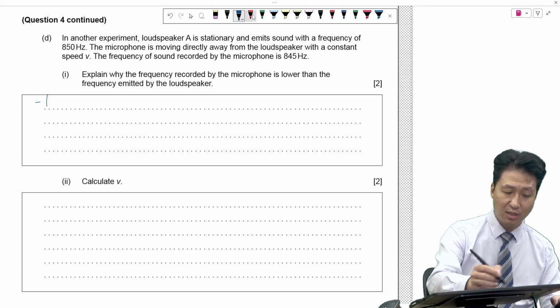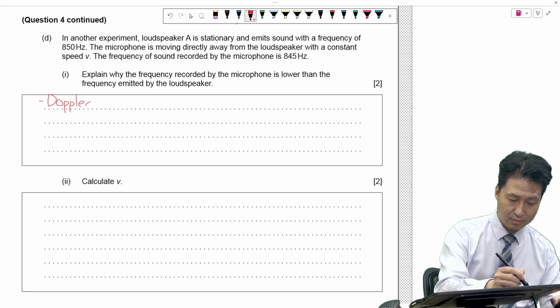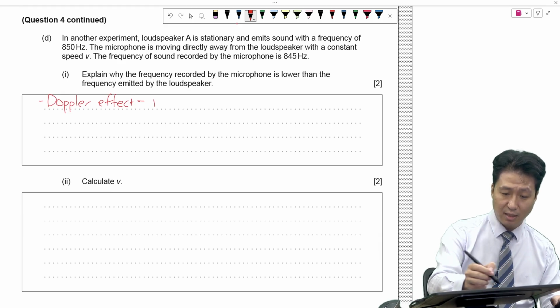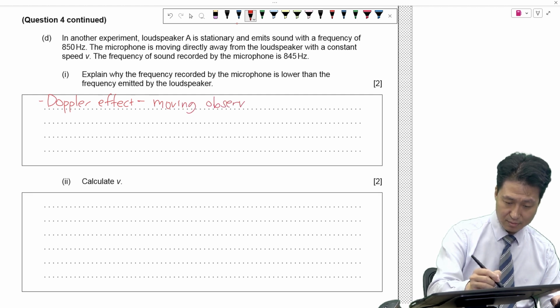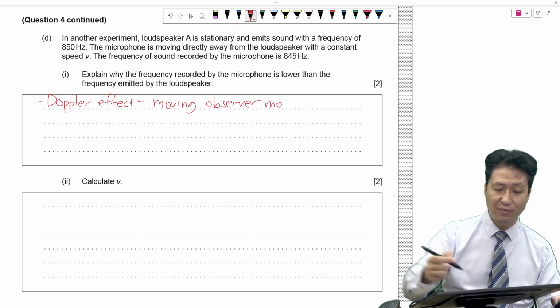Of course, this is due to the Doppler effect. And in this case, it's the moving observer. This is caused by the moving observer because the source is not moving, and the observer is moving away from the speaker.